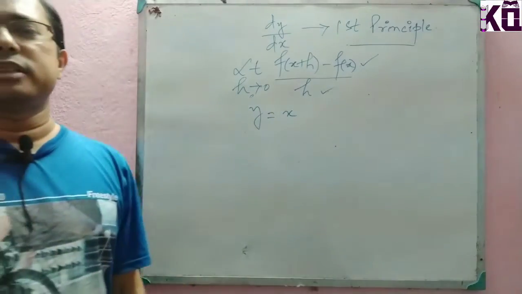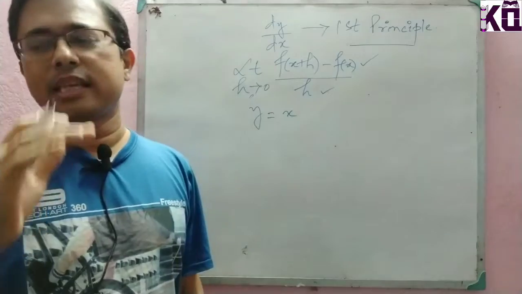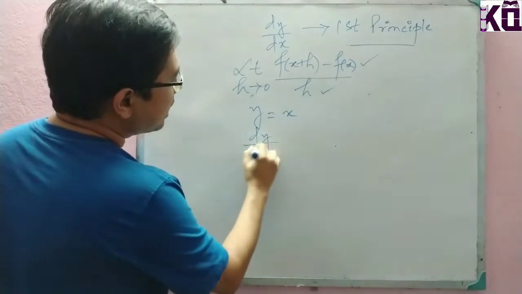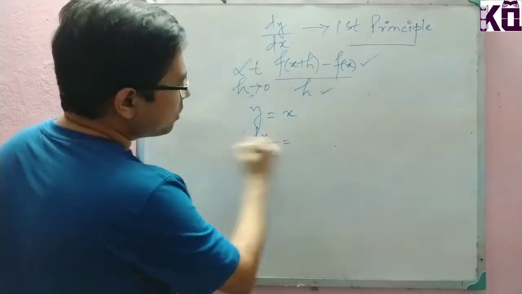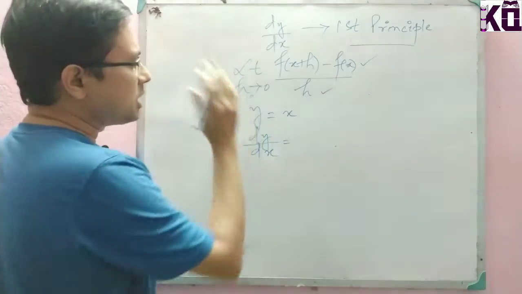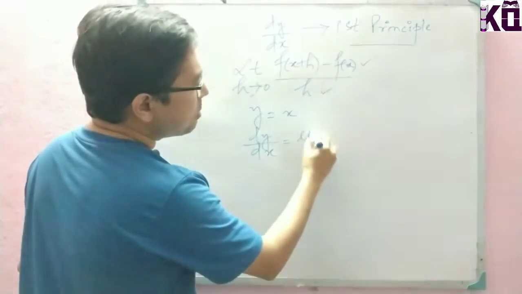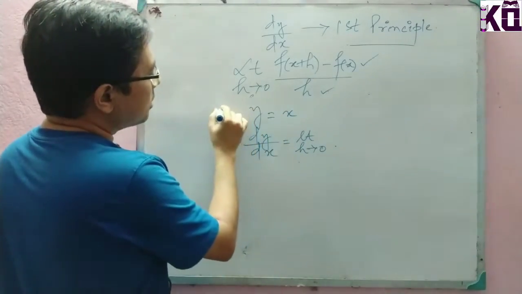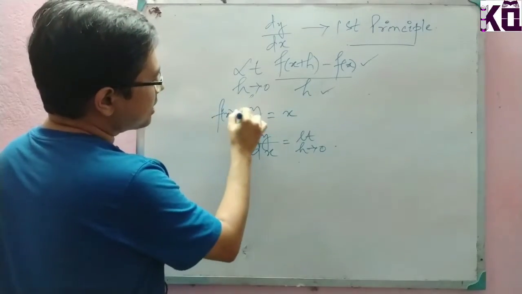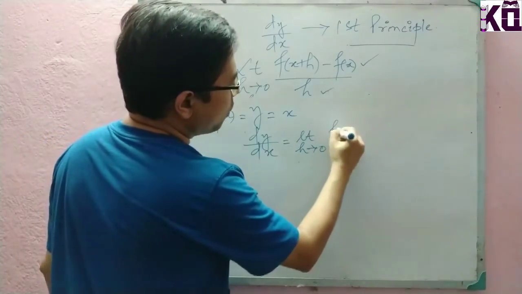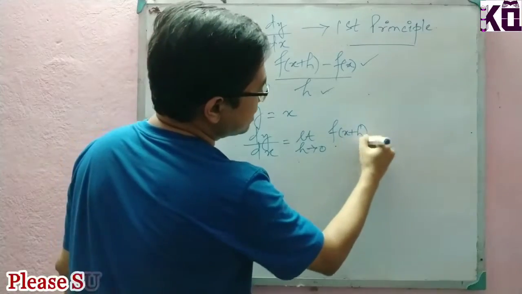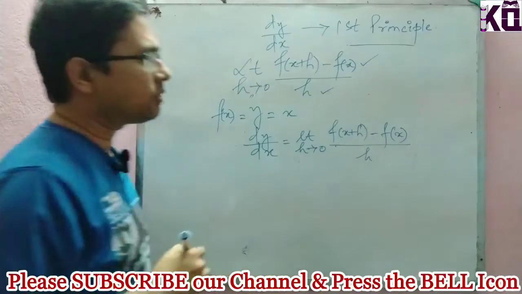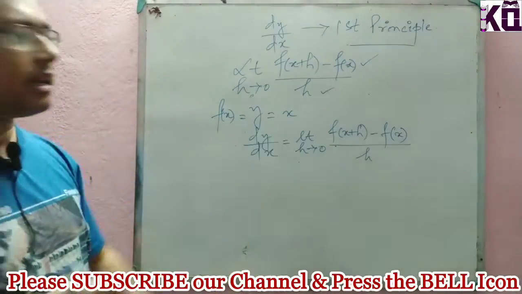If I want to identify from this y equals x the dy/dx, then what happens? dy/dx, by the use of the first principle, is equal to limit h tends to 0 of f(x plus h) minus f(x), whole divided by h. That is the formula we have said earlier.